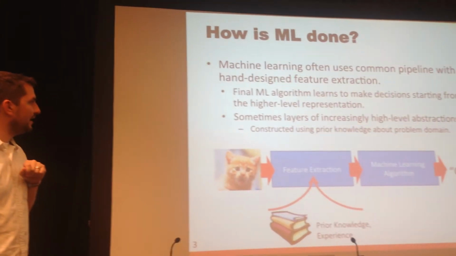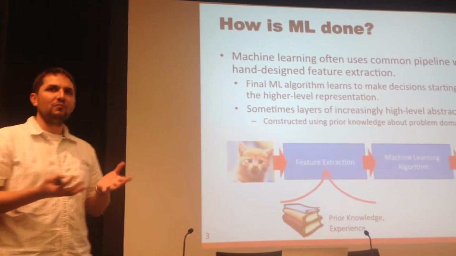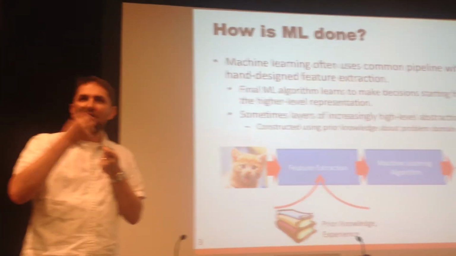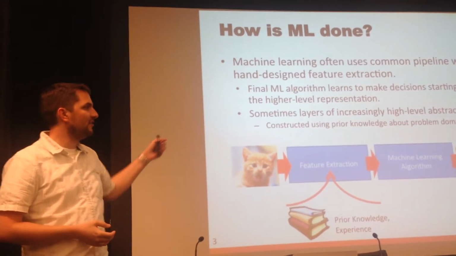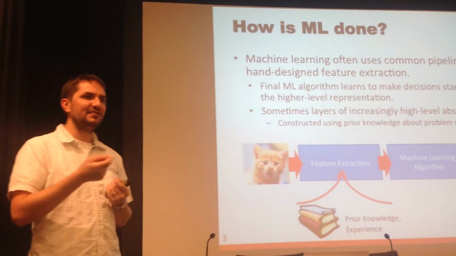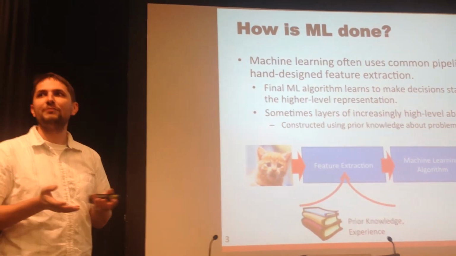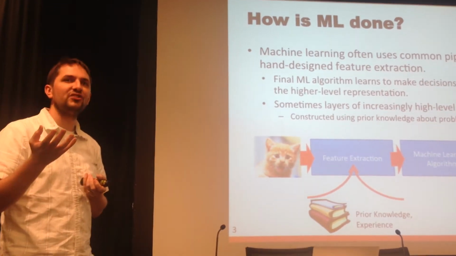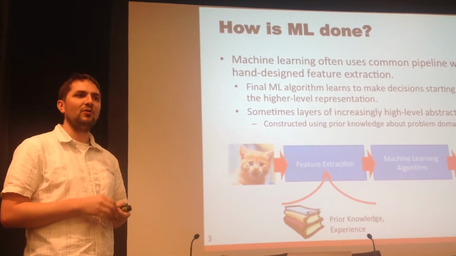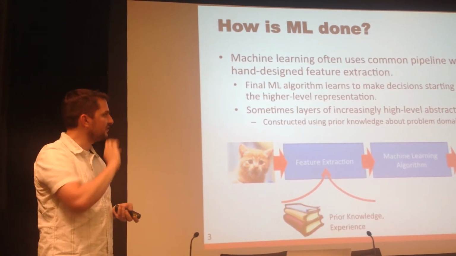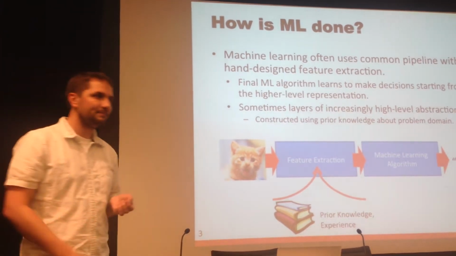Sometimes the way that we try to make the system work best is to keep encoding increasingly high levels of abstraction. A good way to represent an image to make decision making easier would be to first detect edges or, say, texture in the image, and then try to find parts based on the low-level edges, and then put the parts together to find objects before trying to decide what that object is.